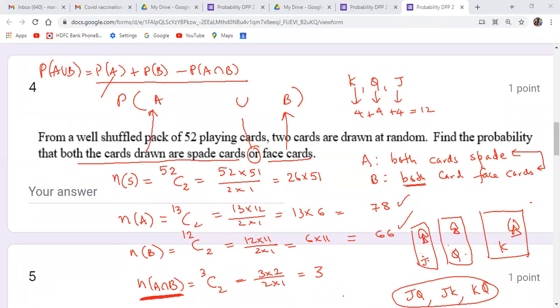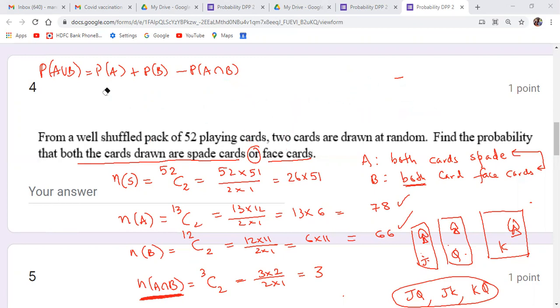Understood, sir. Now complete your answer. The required probability is probability of A union B. Now substitute and write the answer. So this is 78 upon 26 into 51, which is common for everyone now. 78 plus 66 minus 3. So 78 plus 66 is 141, minus 3. 141 minus 3 is 138.